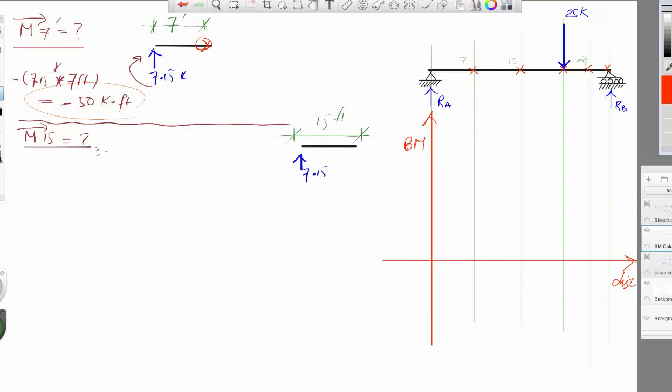So again, I would like to get the value at this point. Straightforward. Again, this rotates in this direction, so it is minus 7.15 kips multiplied by 15 feet, which is equal to minus 107.25 kip-foot. Here's the other value. Okay, move on to the next.